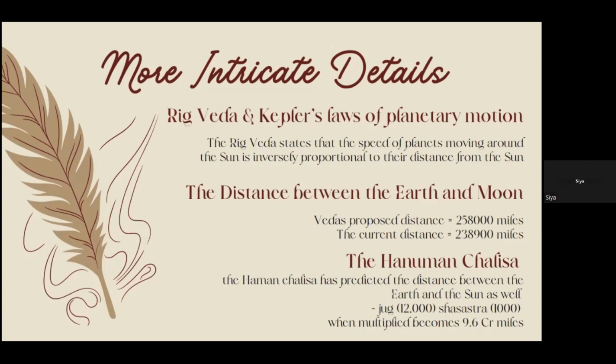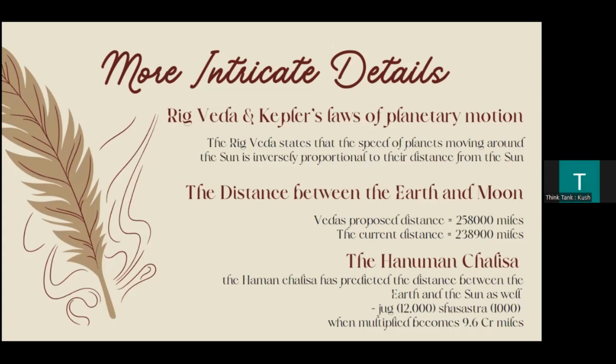Now, Kepler, as we know, introduced his laws in 1609, and the Rig Veda was written in 1500 BC. And it states that the speed of planets moving around the sun is inversely proportional to their distance from the sun. So that somewhat is Kepler's second law.